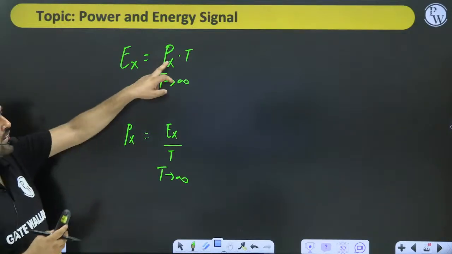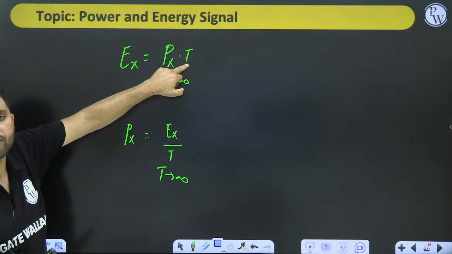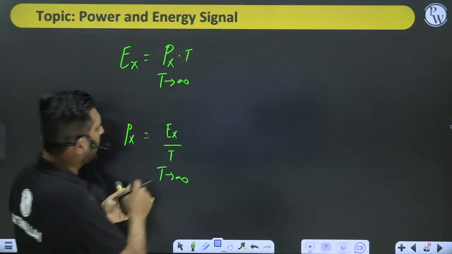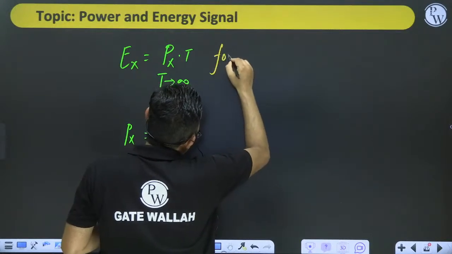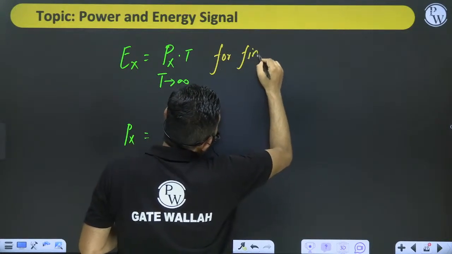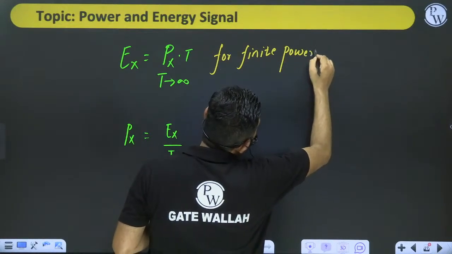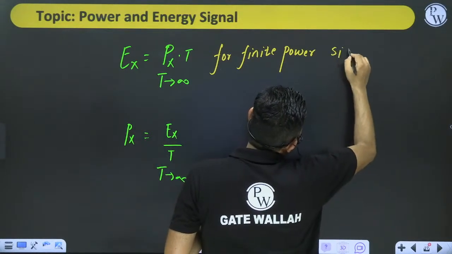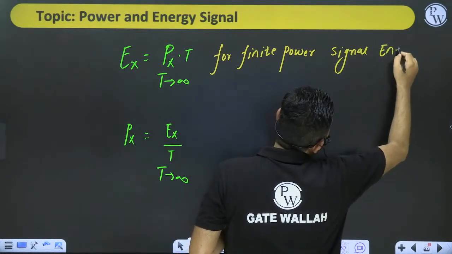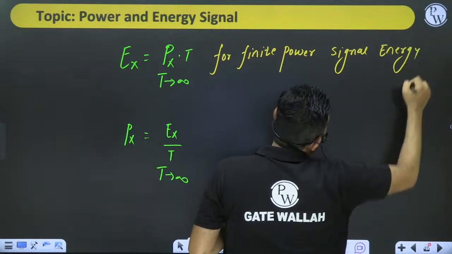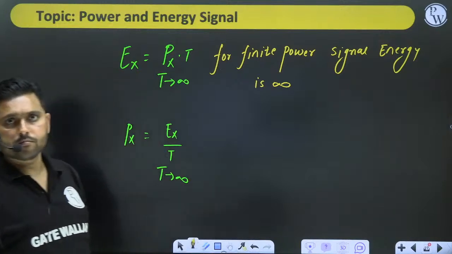Okay, let's write something. Suppose a signal has finite power. If Px is finite, when you put T equal to infinity, the energy becomes infinity. What I am saying is that for a finite power signal, energy is infinity.